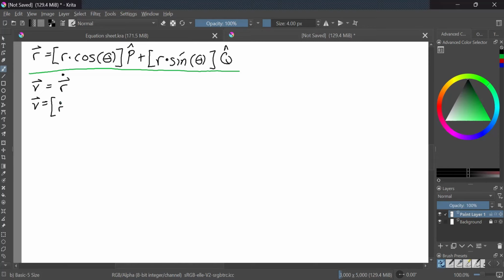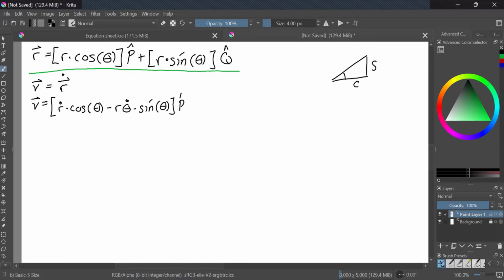So it'll be r dot times the cosine of theta. And then I'm going to draw my triangle up here. I'm going to do this every time. That's fine. Cosine along the bottom, sine along the side. So at the beginning, cosine is going down. So it is minus r theta dot times the sine of theta.